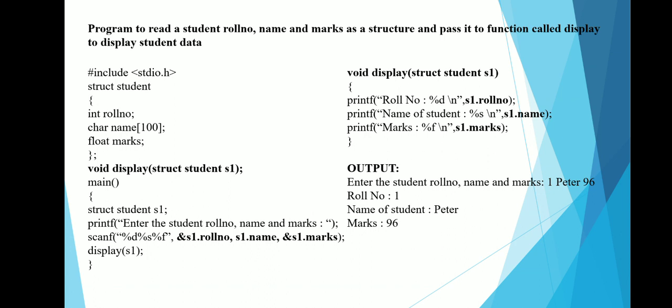And we are going to pass this whole structure as the argument to a function called display. So we are not going to pass these members individually. Instead of passing these members individually, we are going to pass the whole structure to a function. Okay.